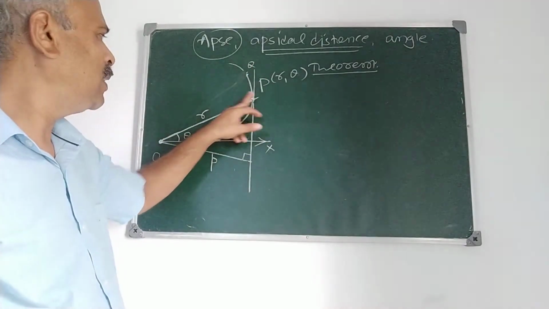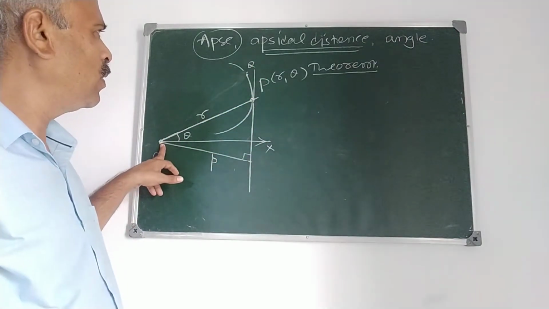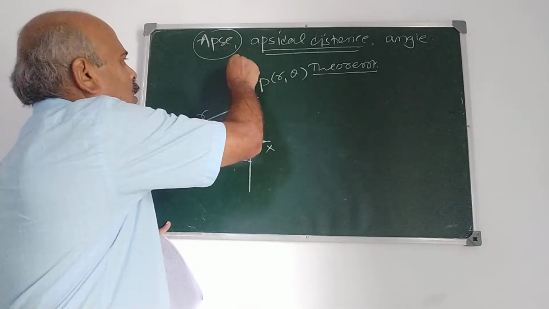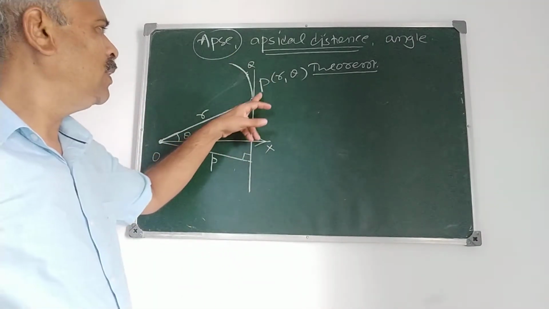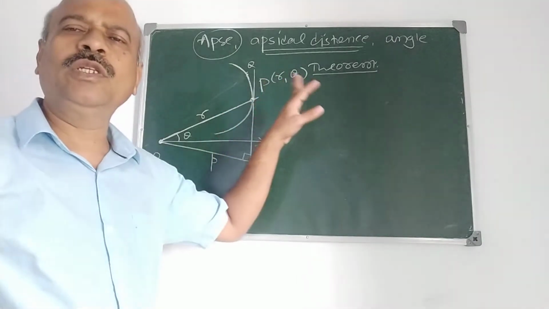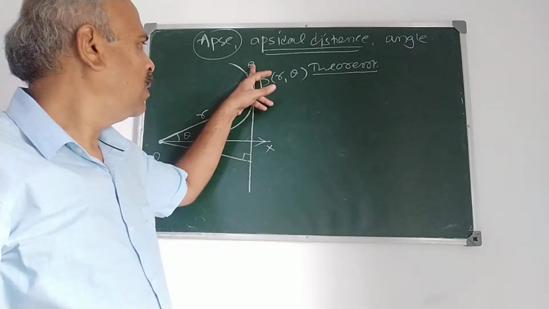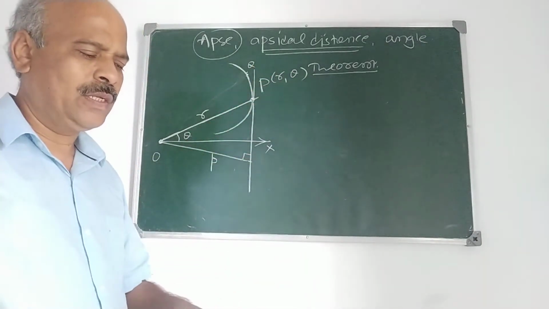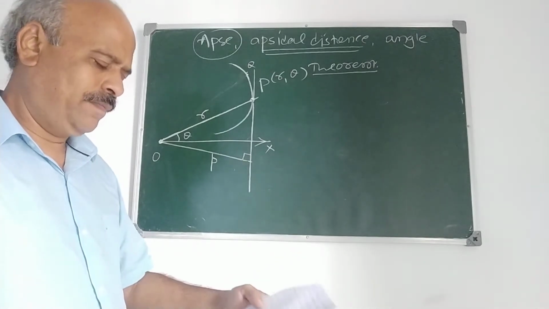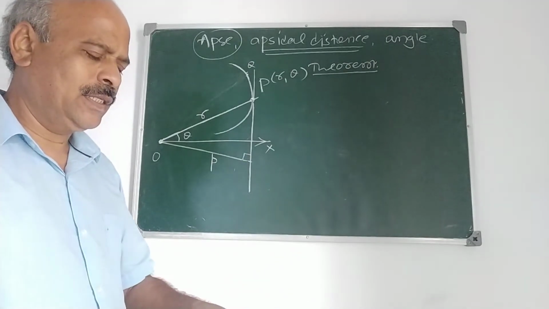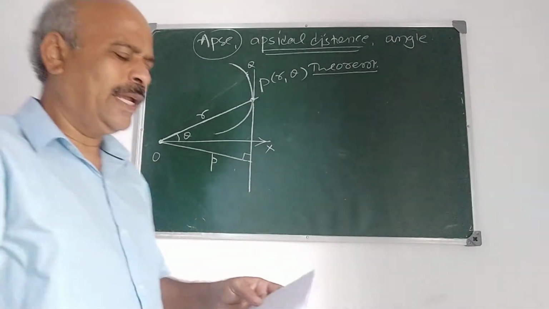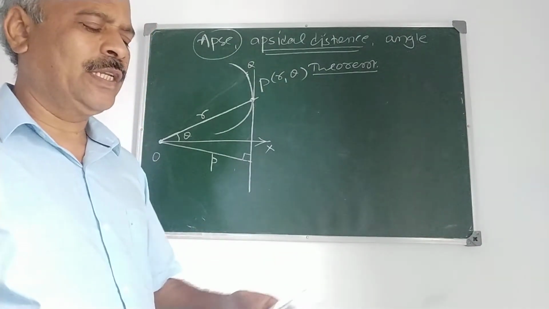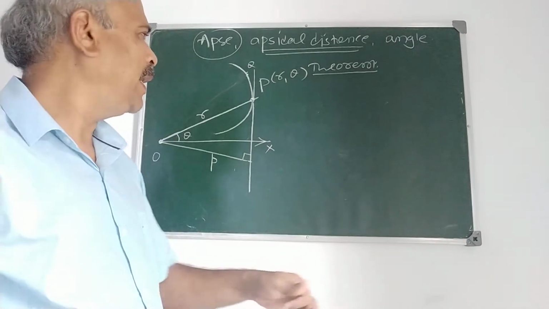At an apse, radius vector drawn from the center of the force is perpendicular to the tangent at that point. We take this as a theorem. Very important result is this. Theorem is, at an apse, the radius vector is perpendicular to the tangent.